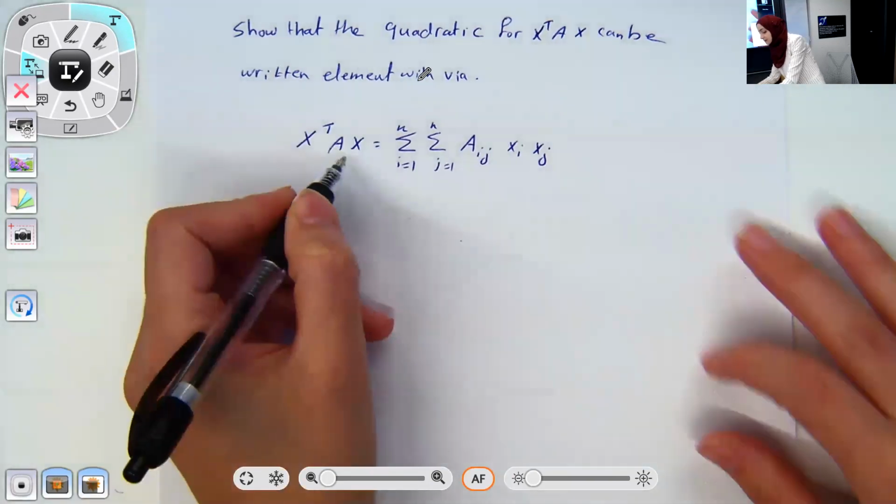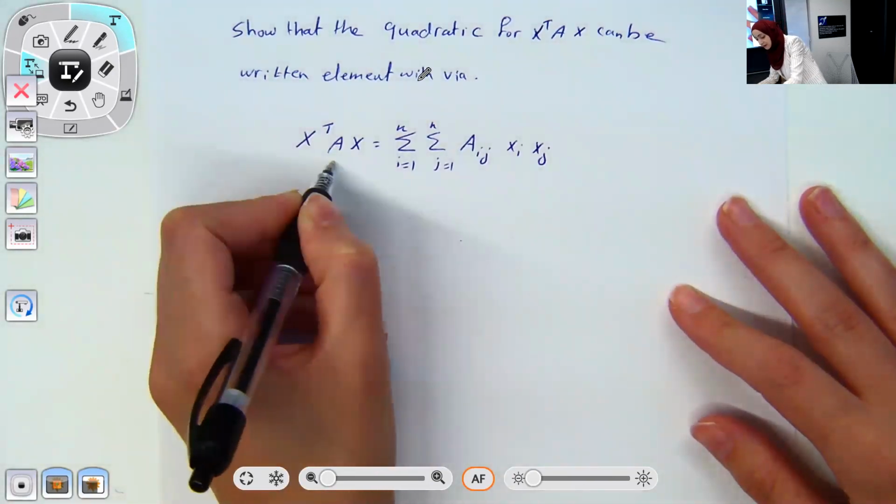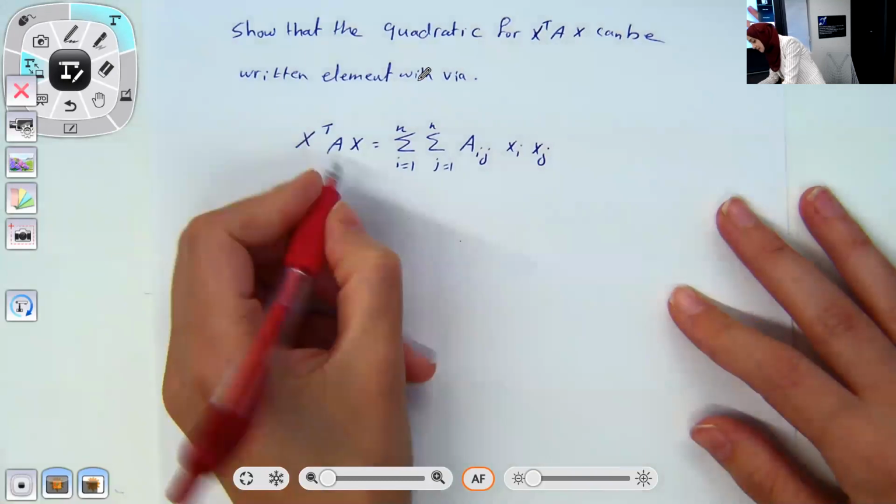Let's start by writing the product of A times x, this part.